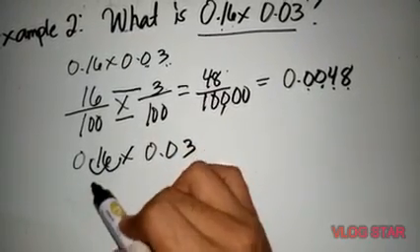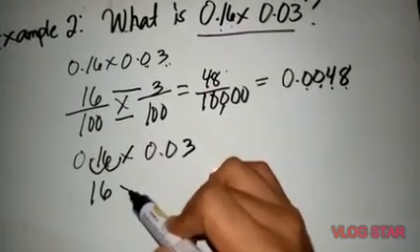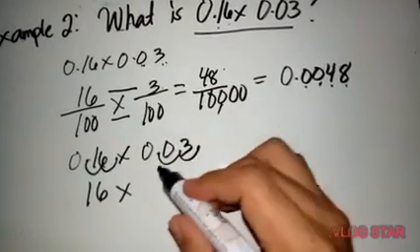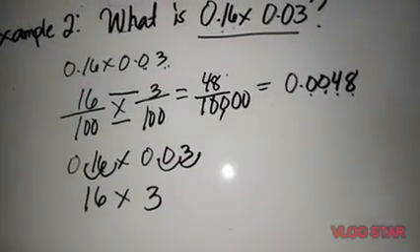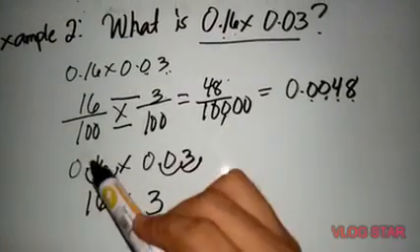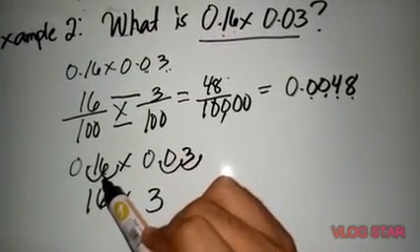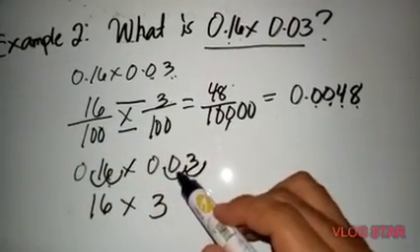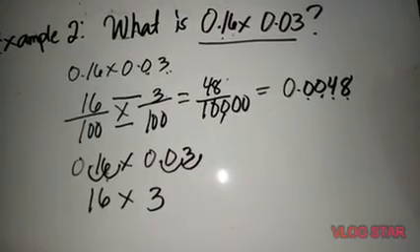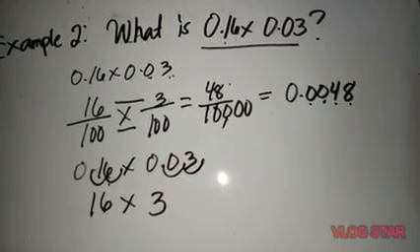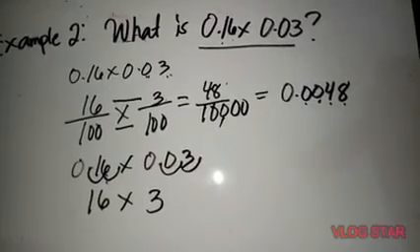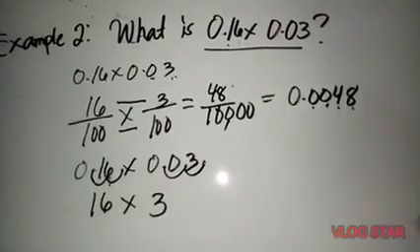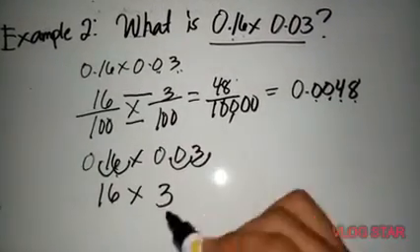So this will become 16 times 3. In 0.16 we move the decimal point twice to the right, and in 0.03 we move the decimal point twice to the right as well. So after that, just multiply 16 times 3. The answer is 48.